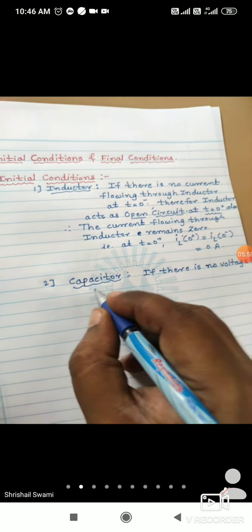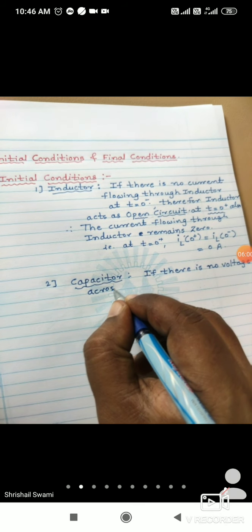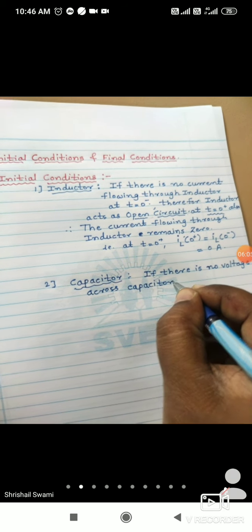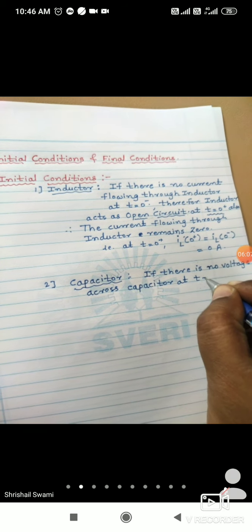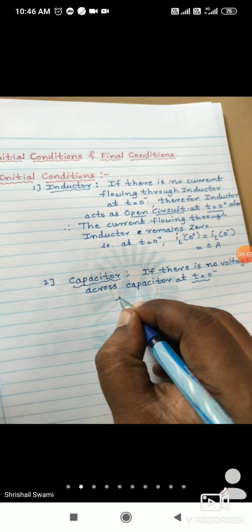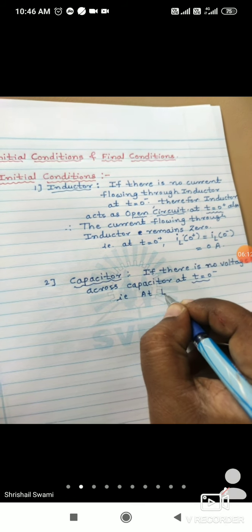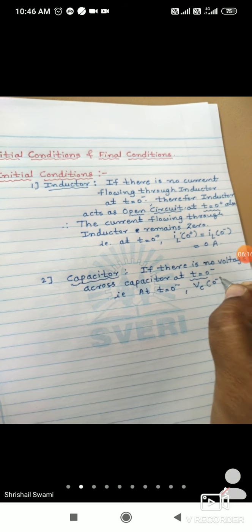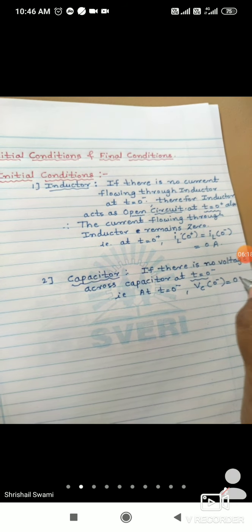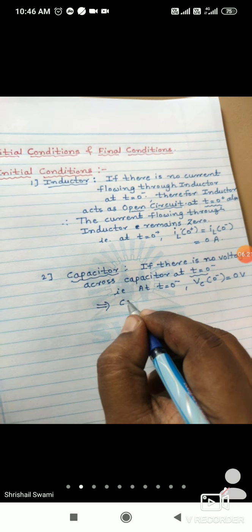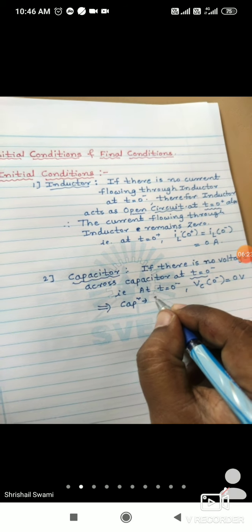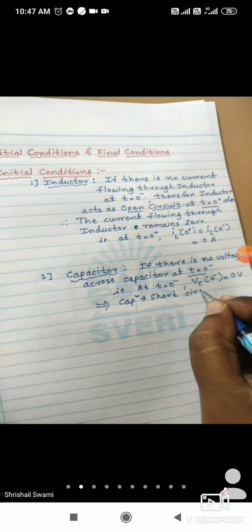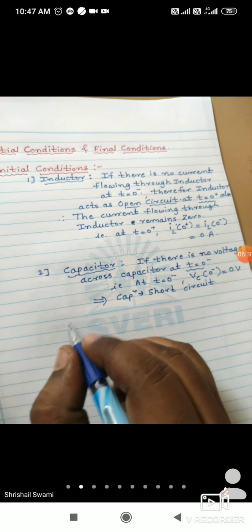If there is no voltage across the capacitor at t equal to 0 minus, that is, the voltage across the capacitor, VC of 0 minus, is 0 volt, therefore the capacitor acts as a short circuit. Voltage 0 means short circuit. So what is the property of the capacitor?